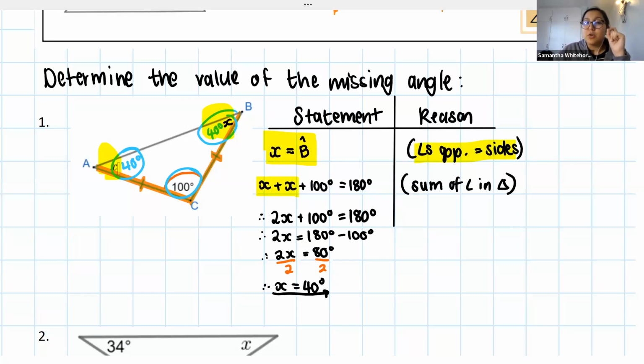You don't actually know that they are equal because you haven't made the statement. And so now all of your working out is based on an assumption. And remember, I've said this before, we never assume anything in geometry. It's either given to us or we prove it. Those are the only two ways we can use information. So you have to make that statement in order to continue on with the question.